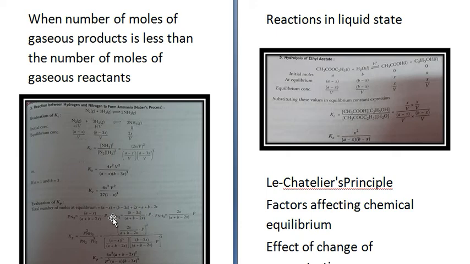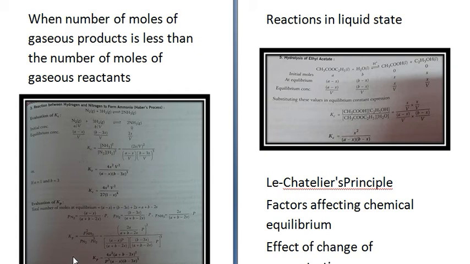So PN2 will become equal to (a minus x) upon (a plus b minus 2x) into P, PH2 will become equal to (b minus 3x) upon (a plus b minus 2x) into P, and PNH3 will become equal to 2x upon (a plus b minus 2x) into P.